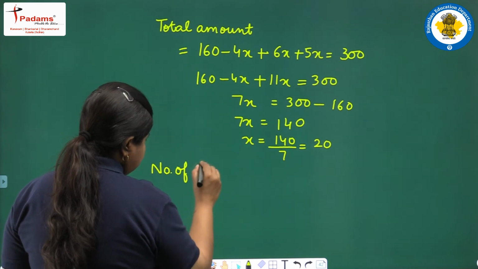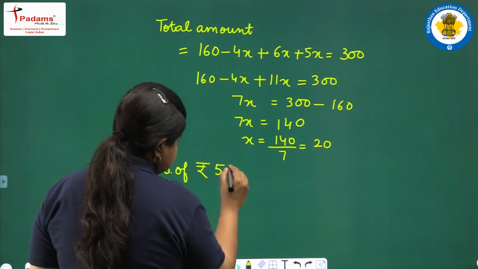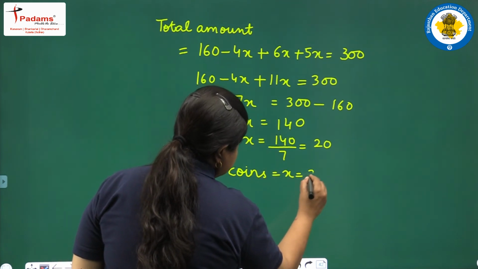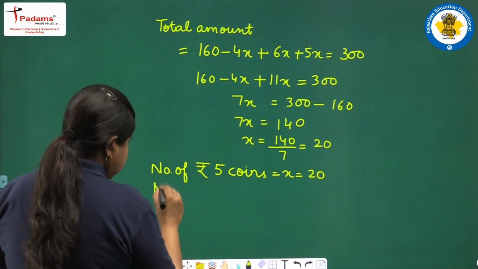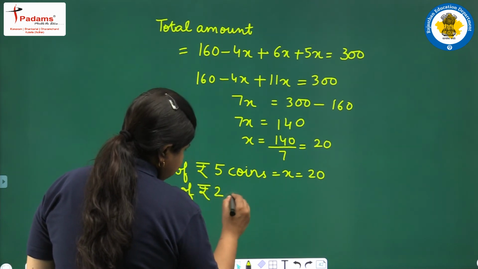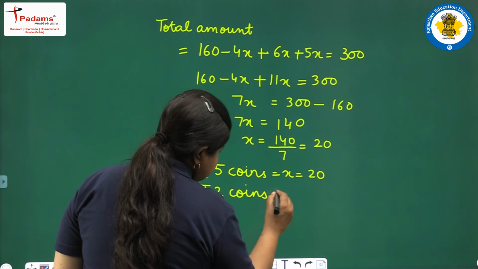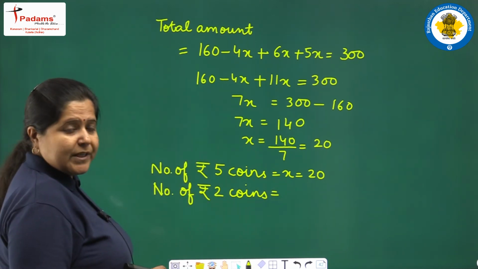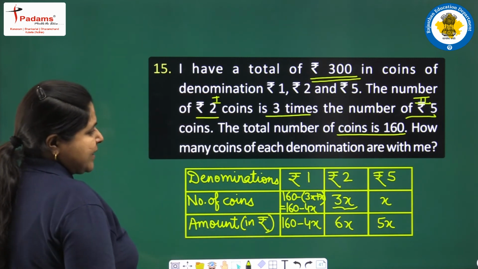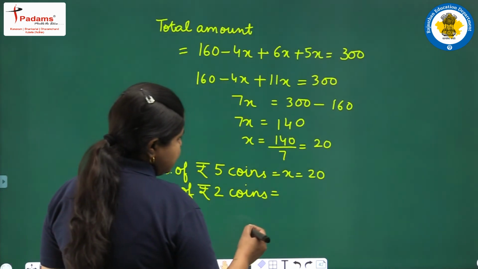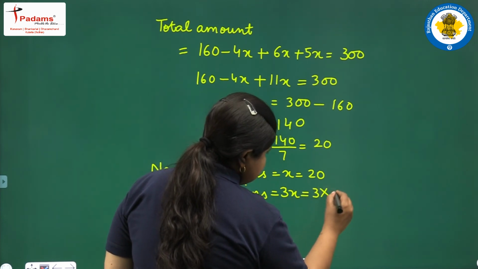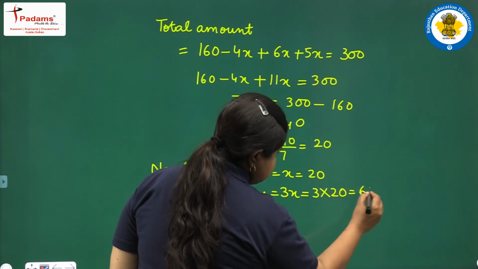Number of rupees 5 coins, it was x and it is equal to 20. Number of rupees 2 coins, it was 3x. So it is 3x, 3 into 20 equal to 60.